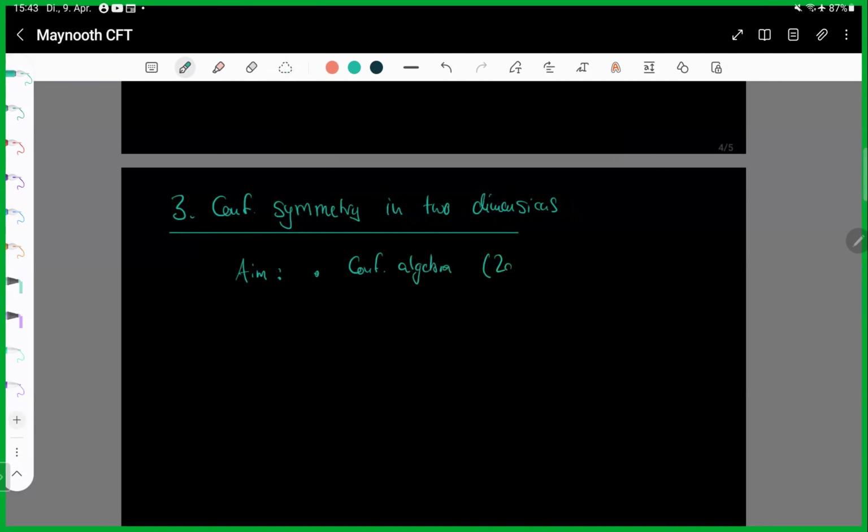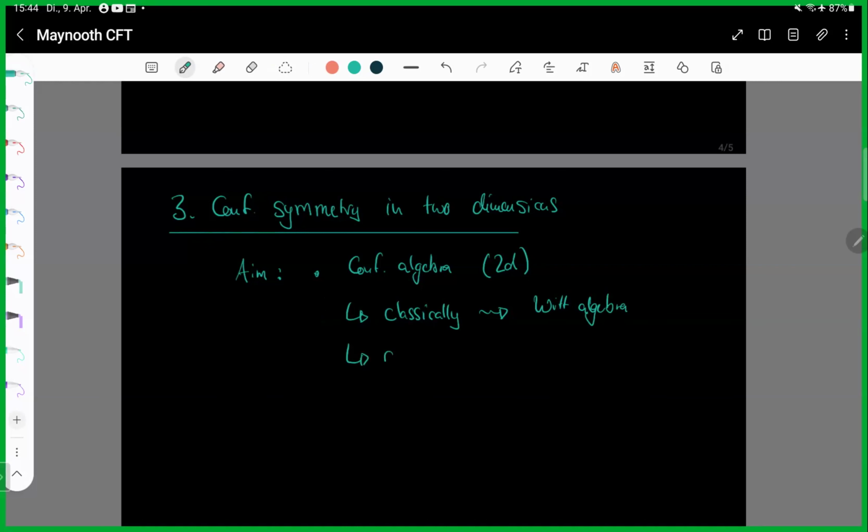We're going to see that something special is going on here. We want to do this classically, and the buzzword for this is the Witt algebra.